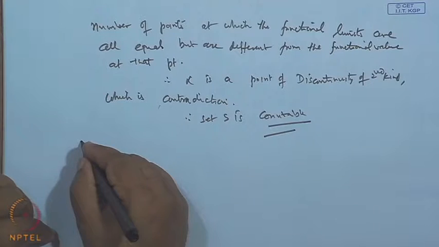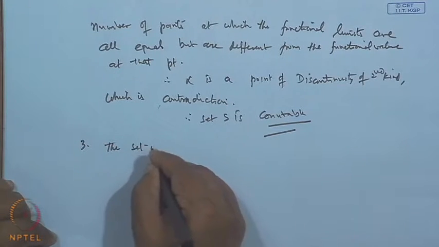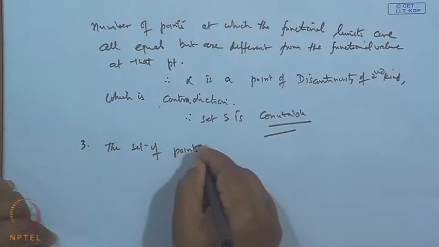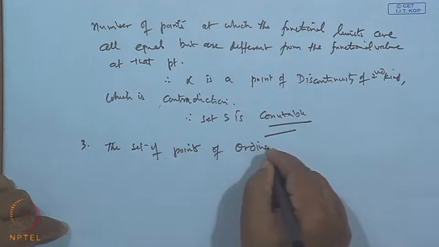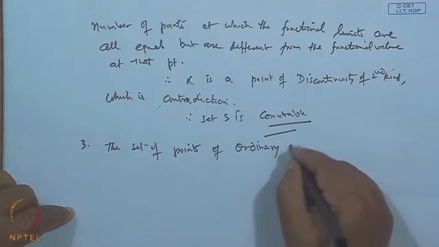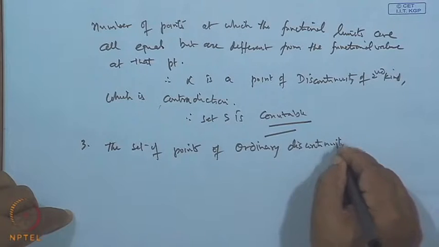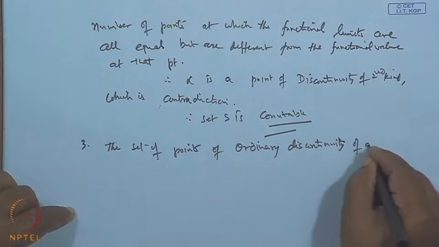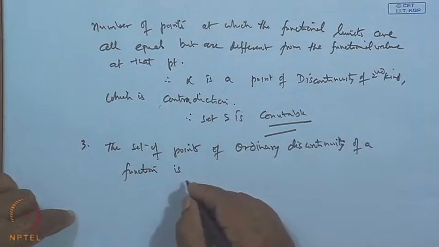Similarly, another result is that the set of points of ordinary discontinuity, that is discontinuity of the first kind, of a function is countable.